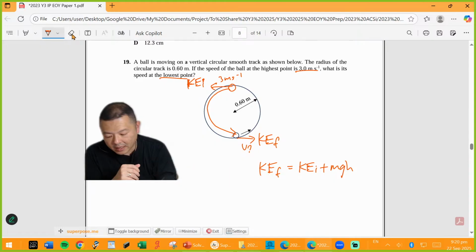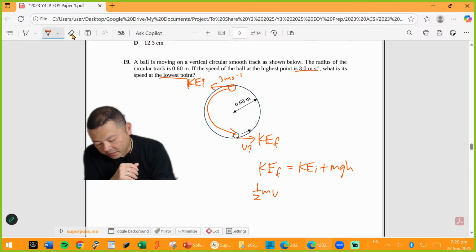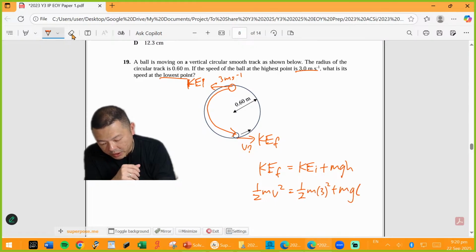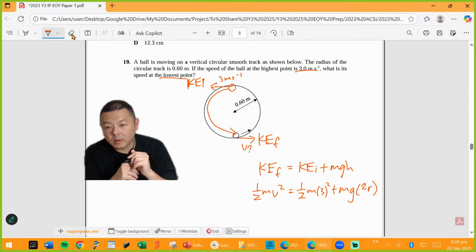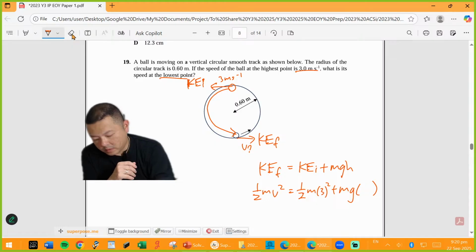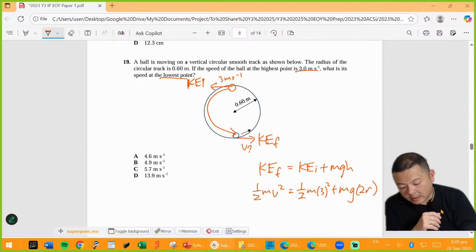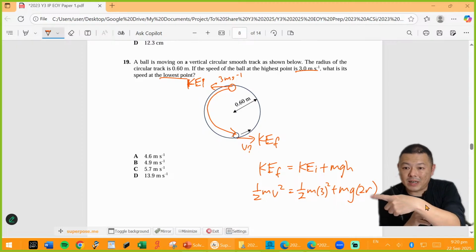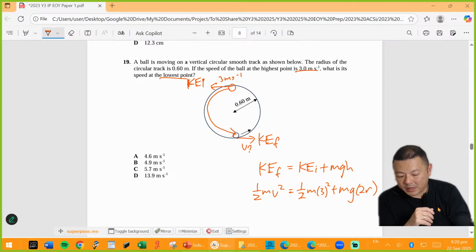Do you guys see that? Okay, so half mv squared equals half mu squared plus mg2r. Do you get why it's like that? Why 2r? Because it's a height, right?